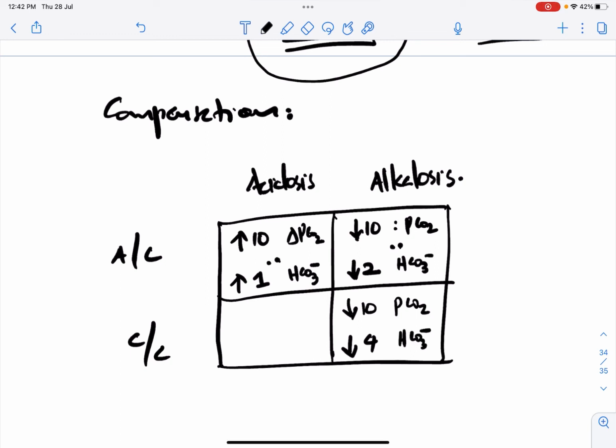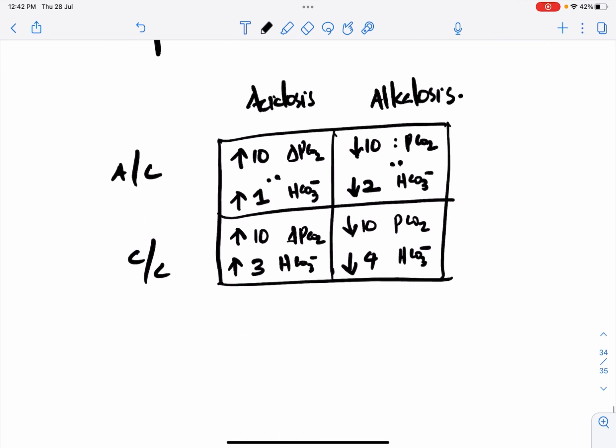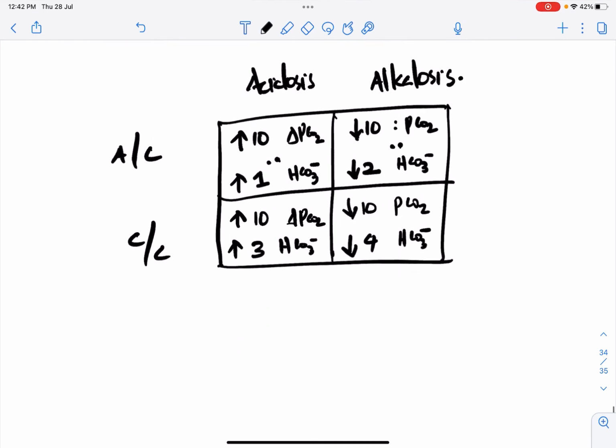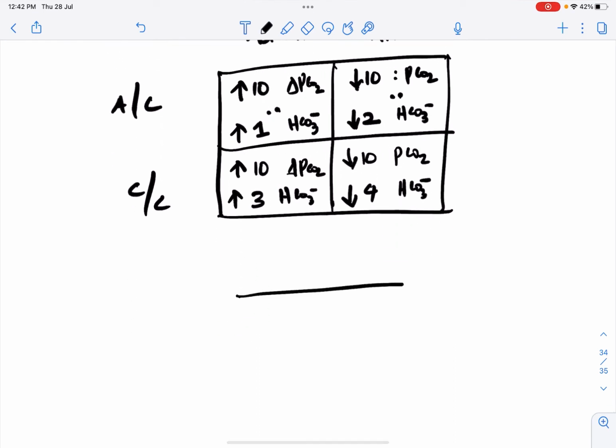And here for chronic acidosis, for every 10 unit change in PCO2, there should be a 3 unit increase in bicarbonate. Okay. So this is how we calculate the compensation. I am simplifying the table like this.